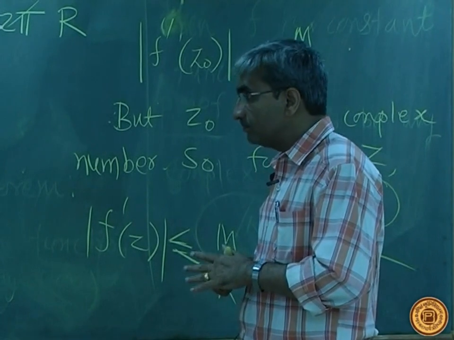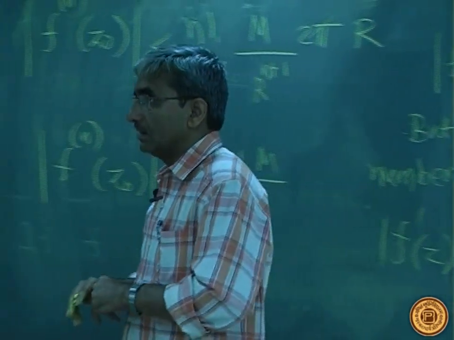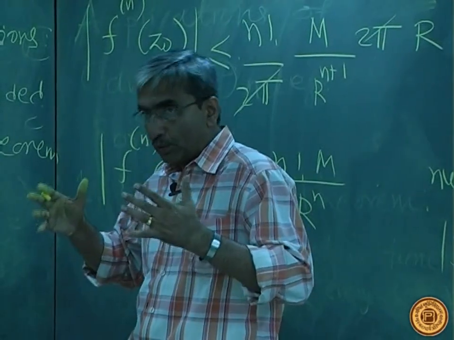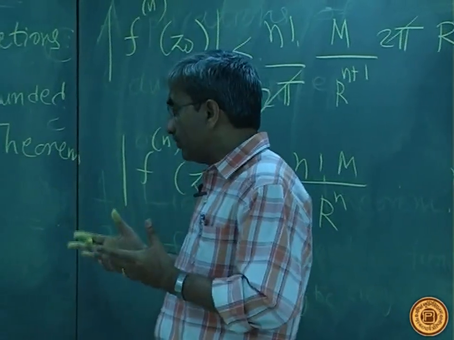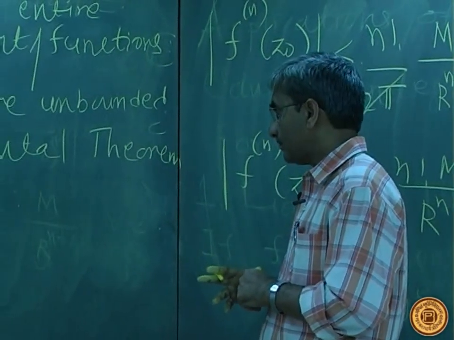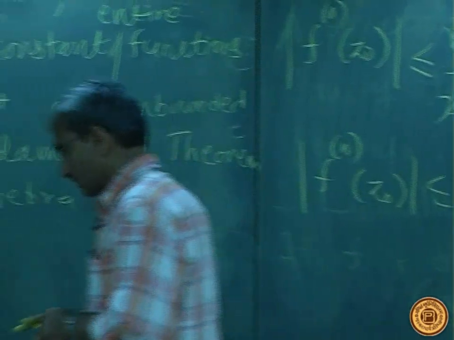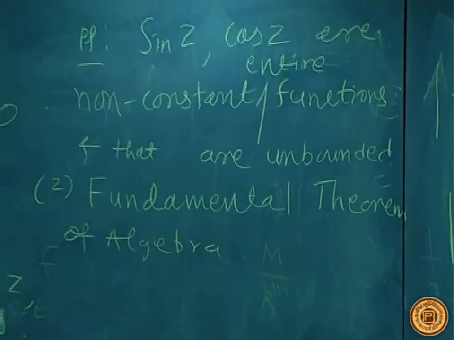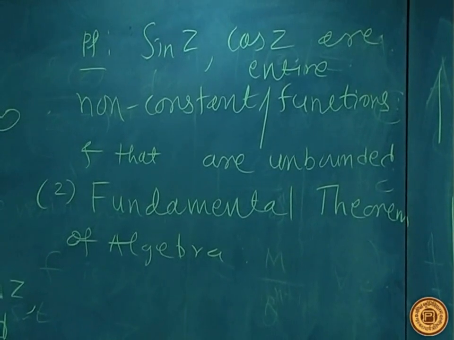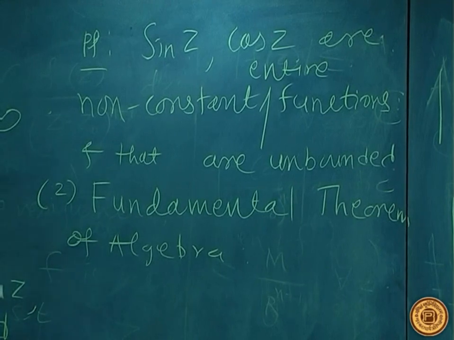The theorem stands as one of the most not only important but beautiful theorems in mathematics, and it was first proved by Gauss, the prince of mathematicians, and he gave a correct proof of the fundamental theorem of algebra for the first time.